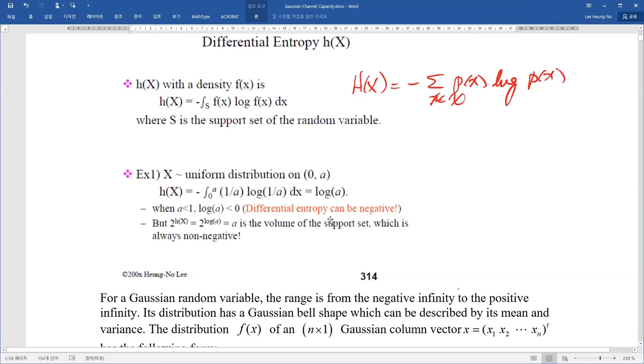But when we take the log of that volume, it can be negative. So that's one thing that we have to be careful about. Entropy may be negative in the case of continuous random variable. And so the differential entropy can be negative.